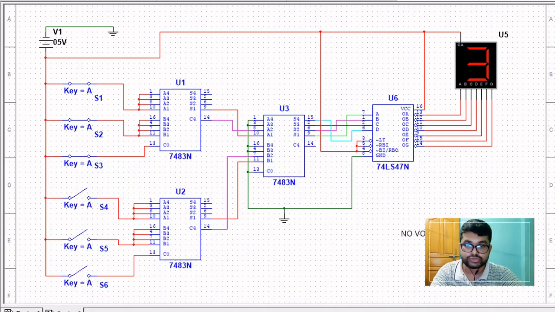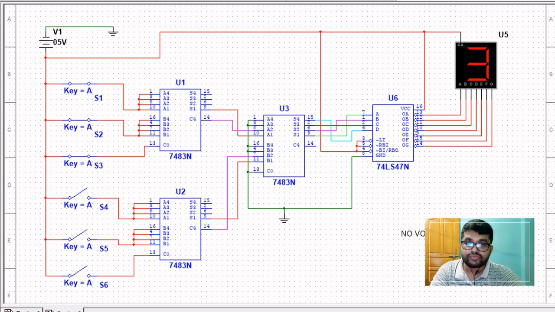This is our simulation. As you can see, there are three 7483 ICs and one 7447 IC, and to that 7447 IC a 7-segment display is attached. We used 6 switches to represent 6 votes. If one switch is on, it counts as 1 vote.